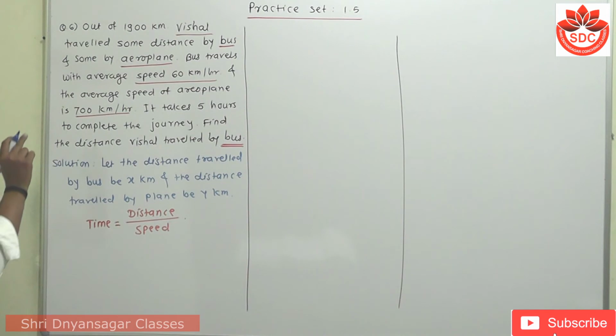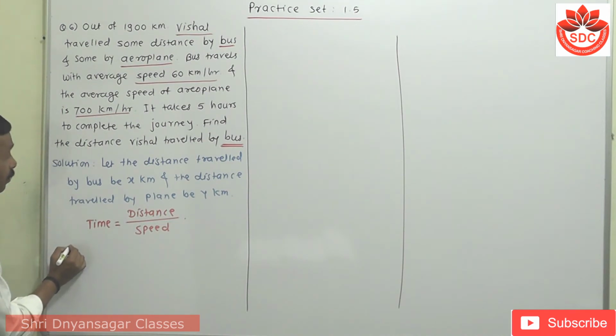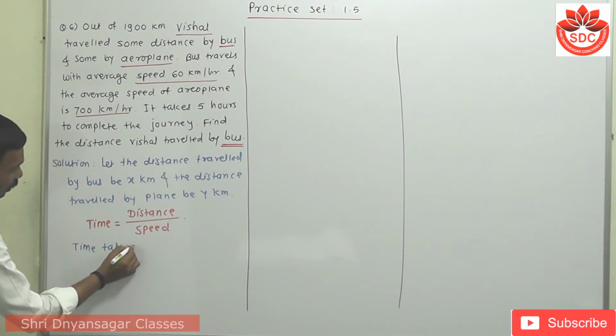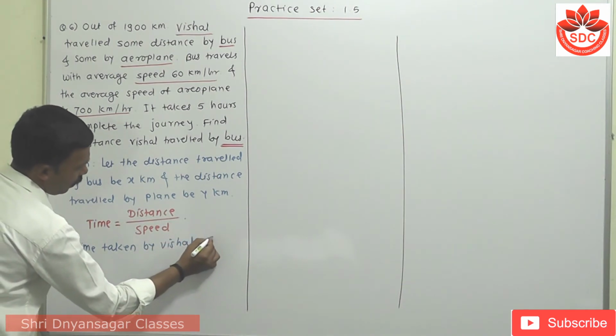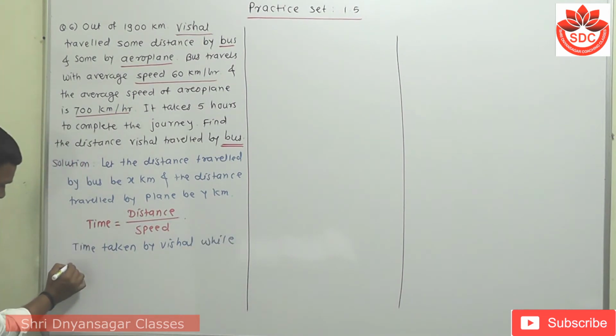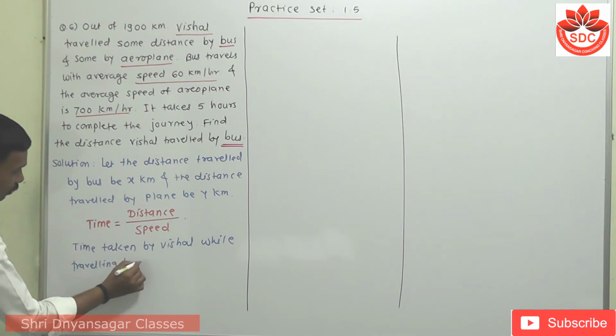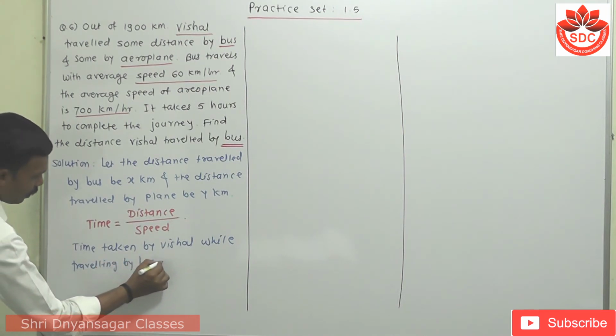Now here we shall travel by the bus. Now the time taken by Vishal while travelling by the bus is, we have to write here, time taken by Vishal while travelling by bus is equals to.